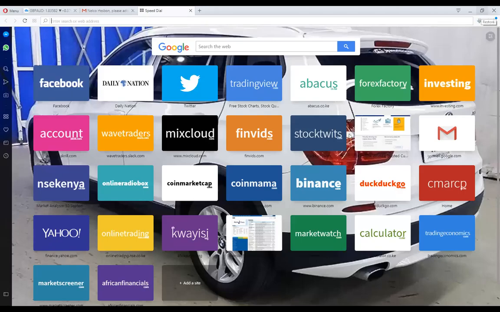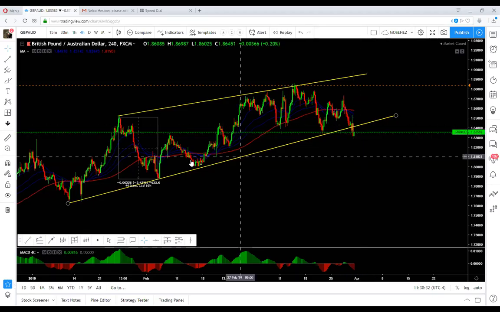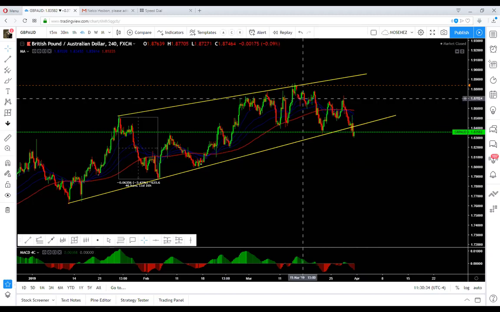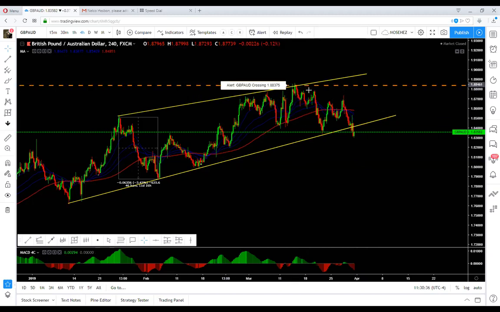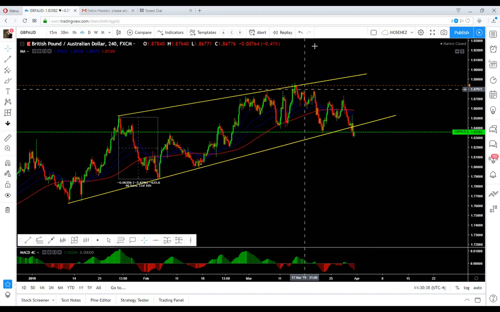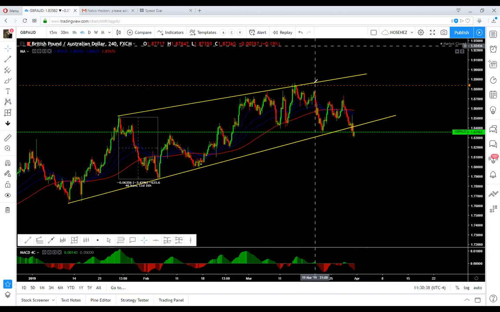I will keep you updated on what is happening there. But she lost again, so this also was a good trade. I remember I was looking for this particular trade and I posted there.